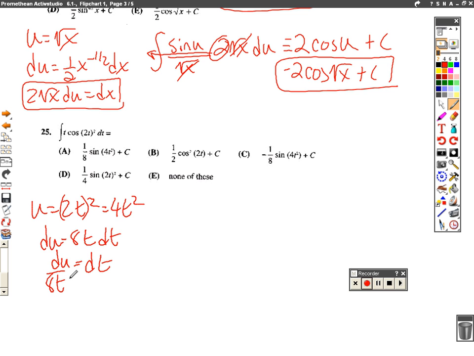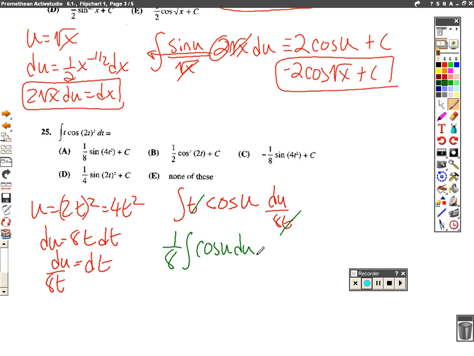All right, let's go back to our integral. We've got the integral of t times the cosine of u. And instead of dt, we're going to write du over 8t. Our t's cancel. We've got 1/8 the integral of the cosine of u.